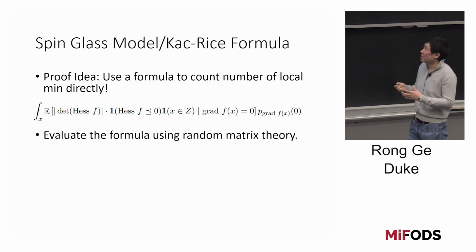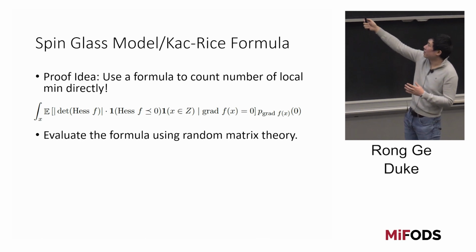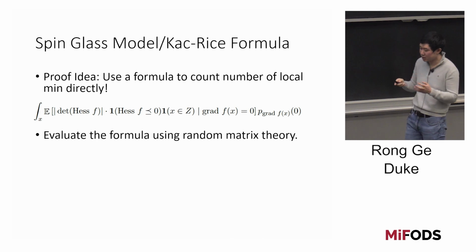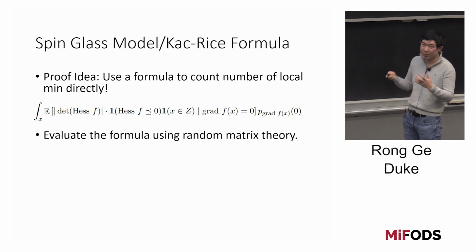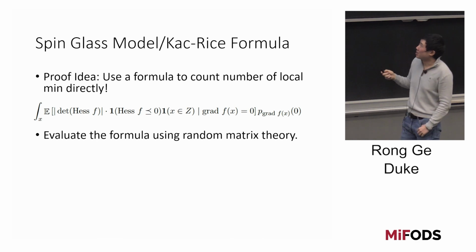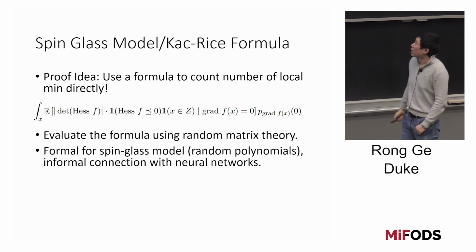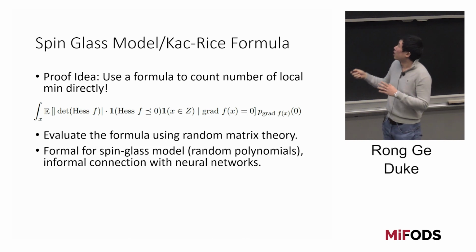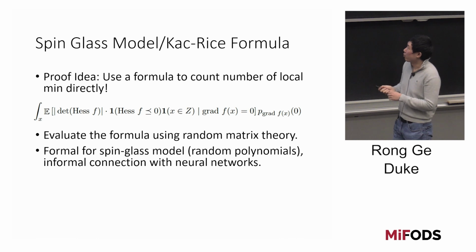Well, in some cases, all of these matrices, say the Hessian of f and the gradient of f, in the good cases, will be random matrices, and they are very nice random matrices like the Gaussian ensemble. So in those cases, you can hope to evaluate the formula using random matrix theory. In the paper, they were able to do that formally for a spin glass model, which are actually random polynomials over the sphere.